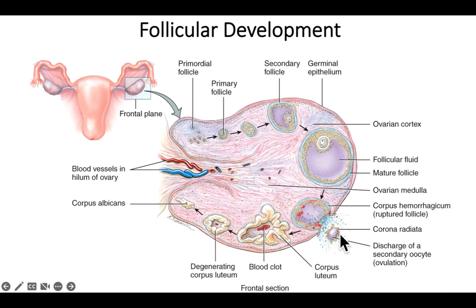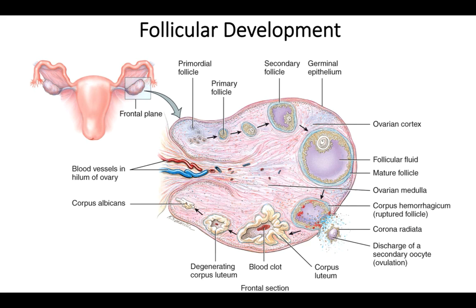All right, now notice the size difference. This oocyte is a very large cell. The corona radiata is made up of normal size cells that surround that oocyte. So that oocyte and the corona radiata is what enters the fallopian tube and starts to travel down this fallopian tube until it either gets fertilized or it doesn't get fertilized.